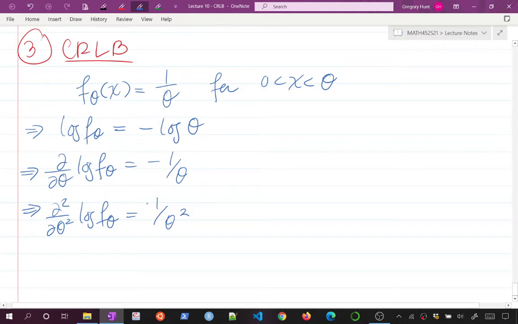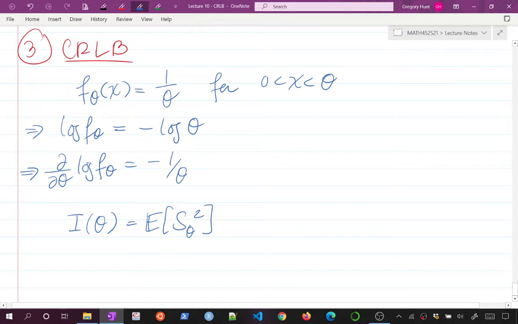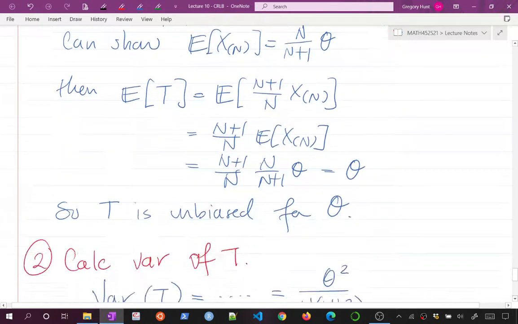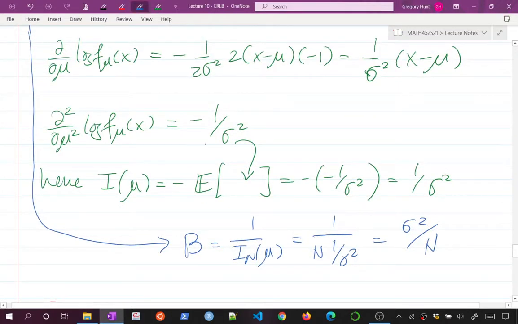The other way we can calculate our information, and you'll see why I'm doing it this way, is as the expected value of the score squared. You notice when I took that second derivative, I no longer had a negative sign, which is weird, because in our previous problems you had a negative sign when you took a second derivative, and that canceled the other negative sign.